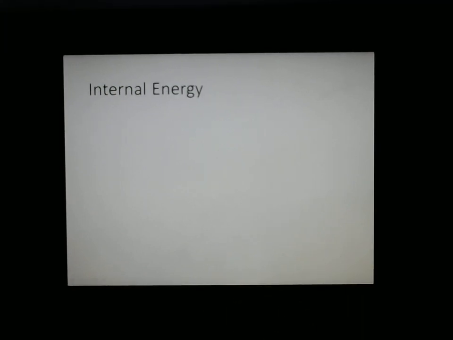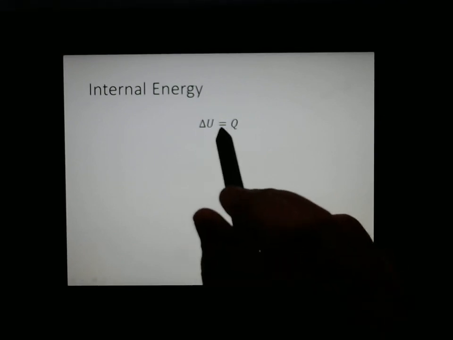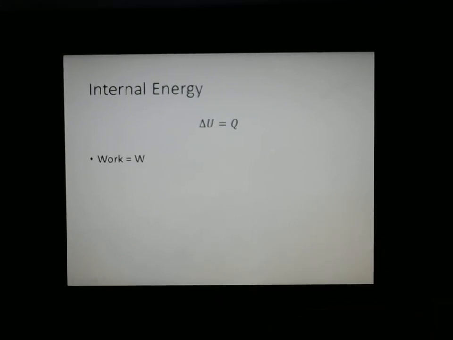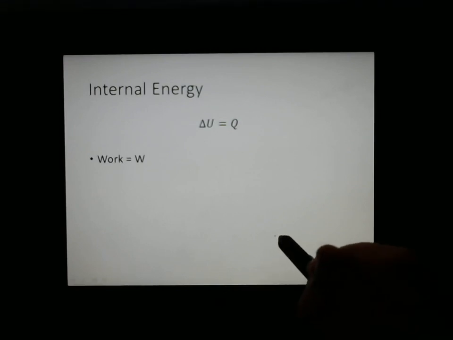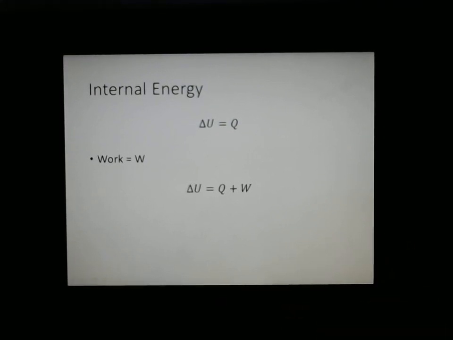Now, back in lecture 2, we discussed that the change in internal energy in this unit would be the result of change of thermal energy. But because Joule came along and established that heat can do work, we need to consider any work done to the system or by the system in that equation as well. So here's what we started with: delta U equals Q. We're going to use W for work, and so we have this final formula.